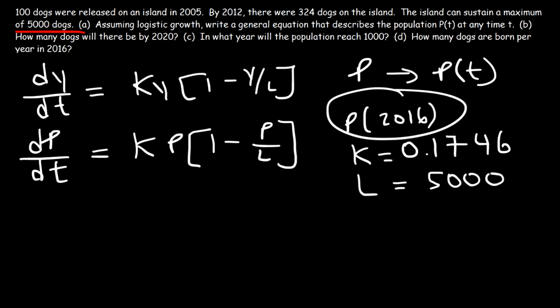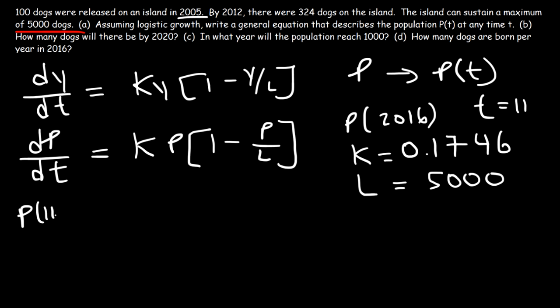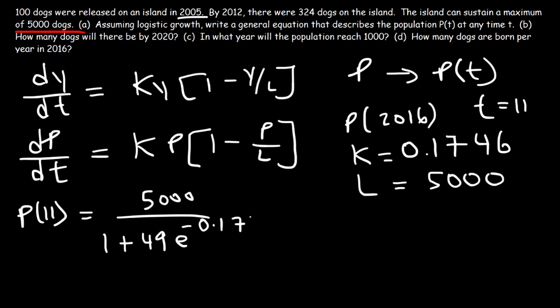Let's calculate the population in the year 2016. 2016 minus 2005 is 11. So T is 11. So we need to calculate P of 11. This is going to be L, which is 5,000, divided by 1 plus B, which is 49, times E raised to the negative K, times T, which is 11. Negative 0.1746 times 11, that's negative 1.9206.